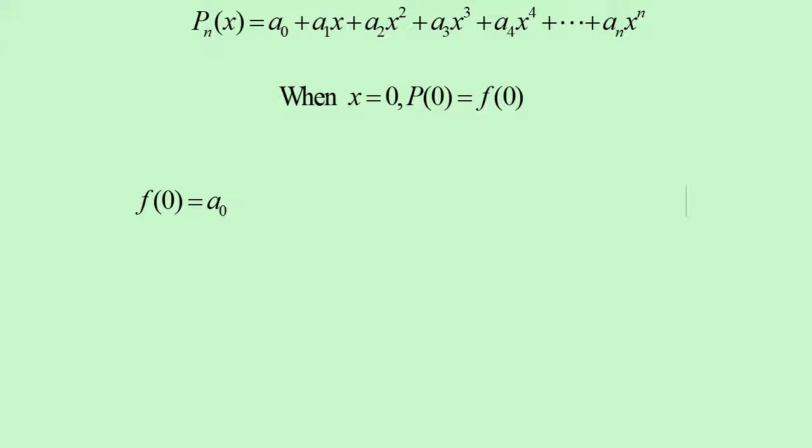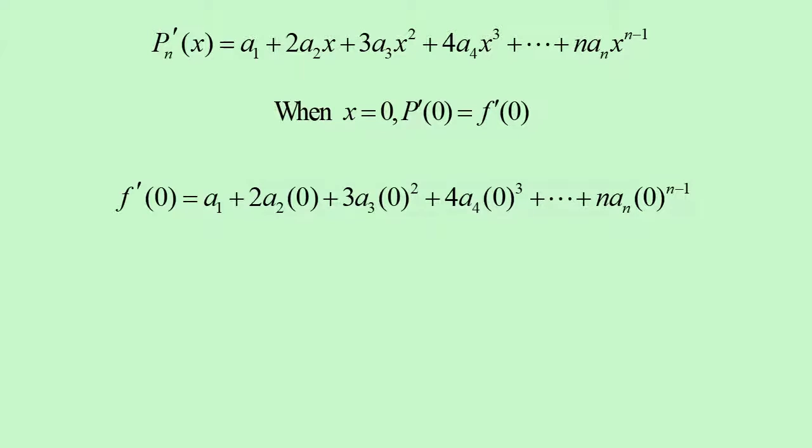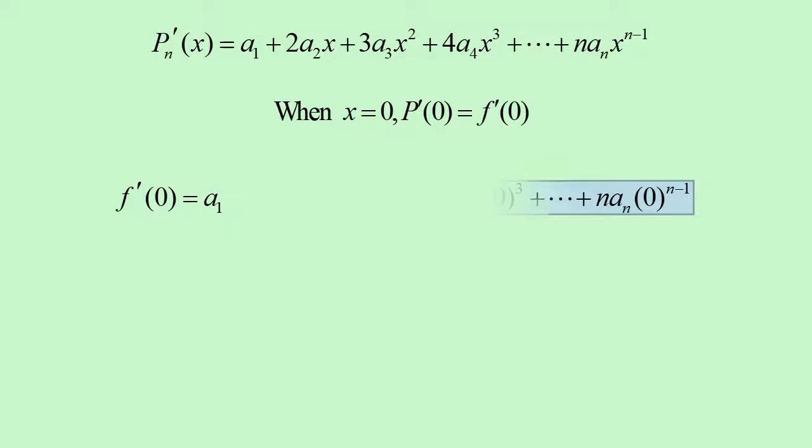So we would like f of 0 to be a sub 0. And like we did with the e to the x, we would like for the derivatives to match. And for x equals 0, we get a sub 1. So we need f prime of 0 to be equal to a sub 1. Well, that means that a sub 1 is f prime of 0.